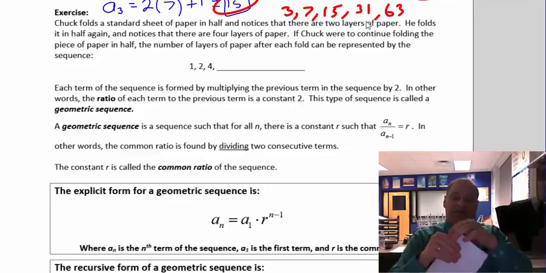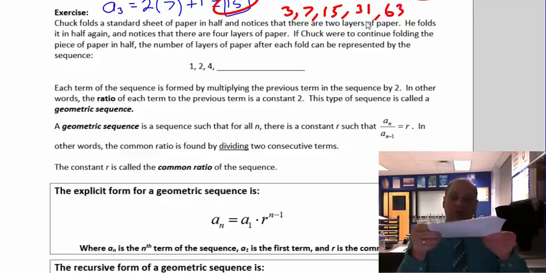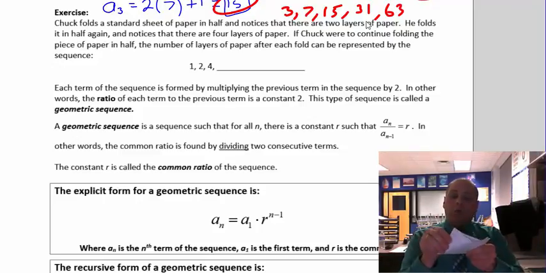If I fold it in half, it is now 2 layers. If I fold it in half again, it is now 4 layers. If I fold it in half again, it's now 8 layers.